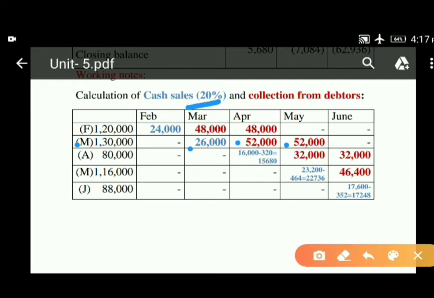So total together 52,000 plus 52,000 is 1,04,000, 1,04,000 plus 26,000 is 1,30,000.